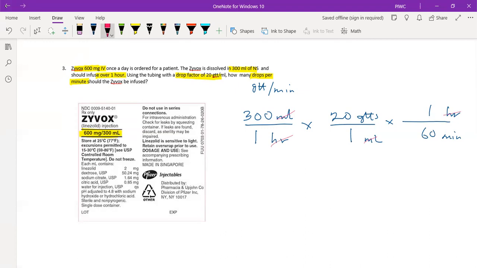Then the answer is in GTT per minute. You can simplify to lowest terms or use a calculator to do the problem. So 20 into itself, 20 into 60 is 3, 3 into 300 is 100. So your infusion rate will be 100 over 1, which is 100 GTT per minute.